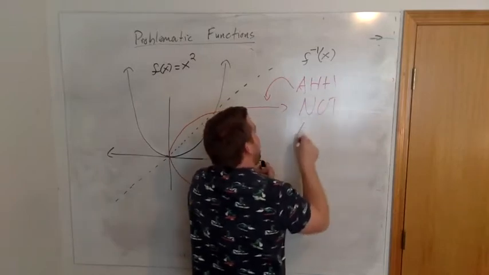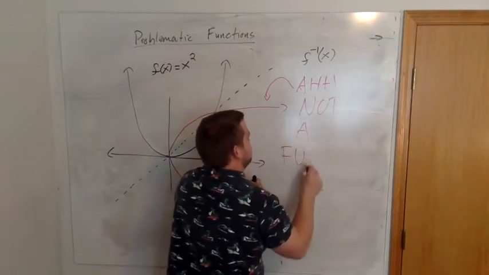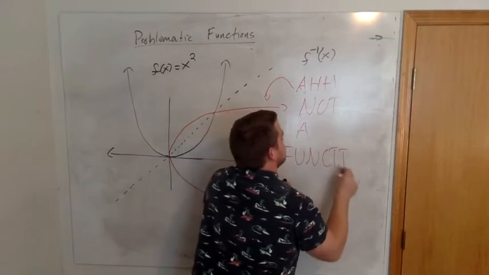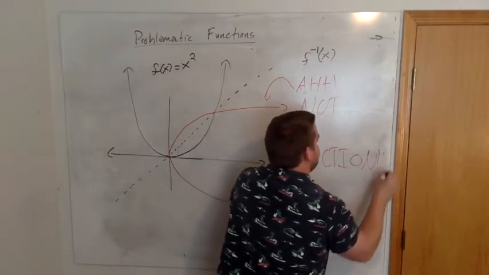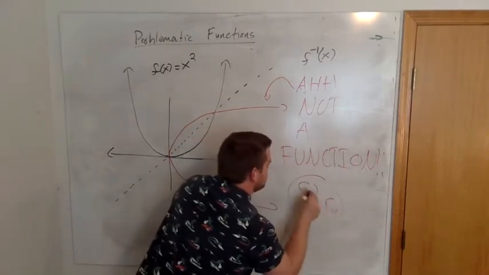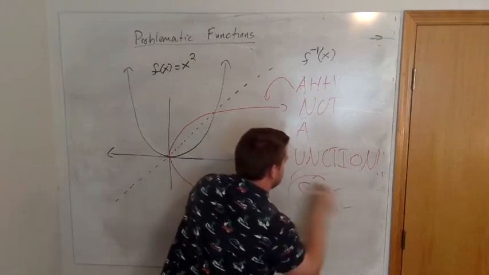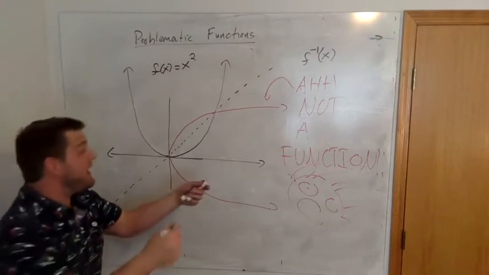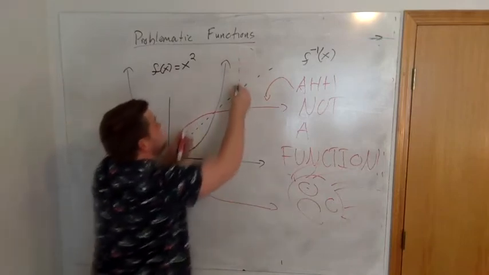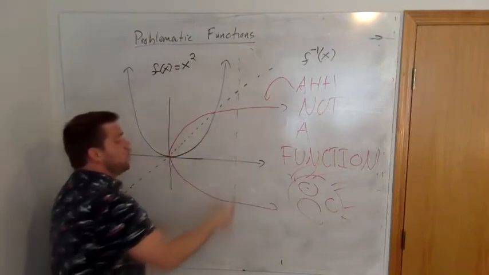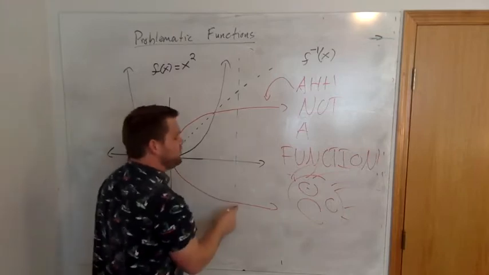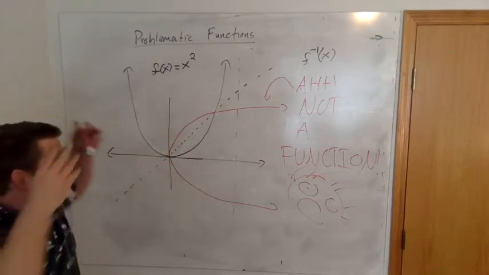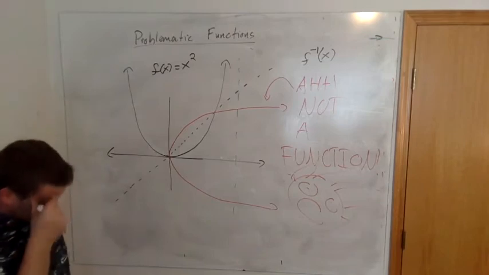It doesn't pass the vertical line test. One input gives me two outputs. Oh no! This is not a function.